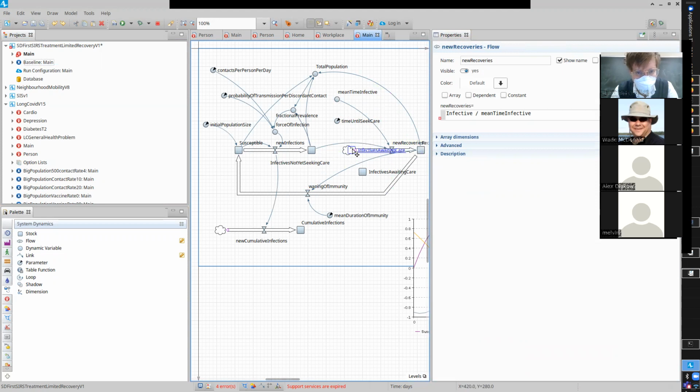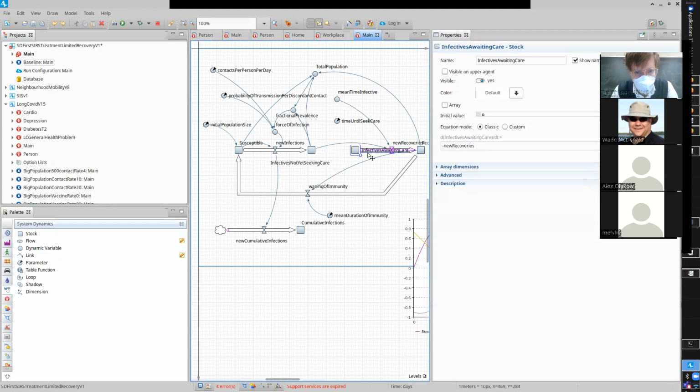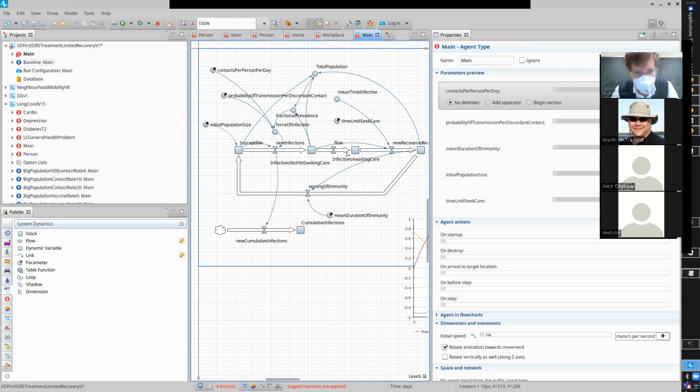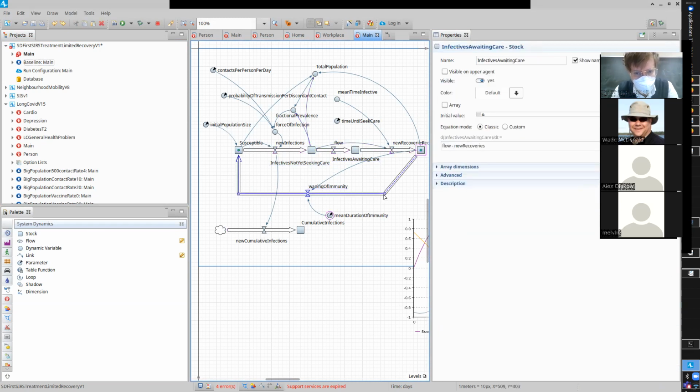So these are infectives not yet seeking care. These are infectives awaiting care.